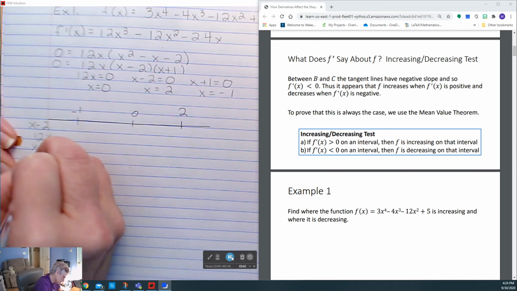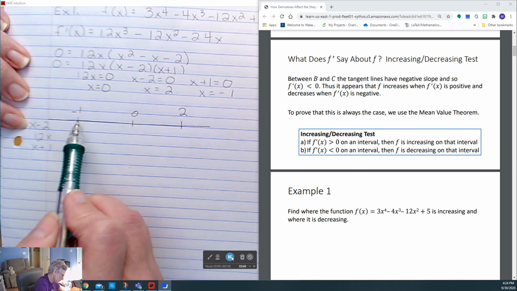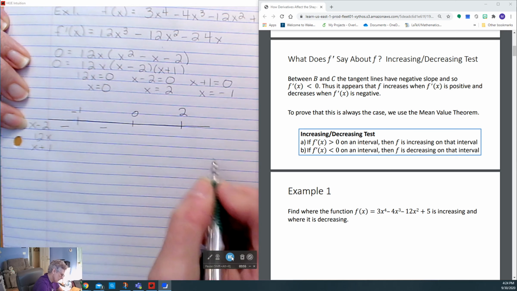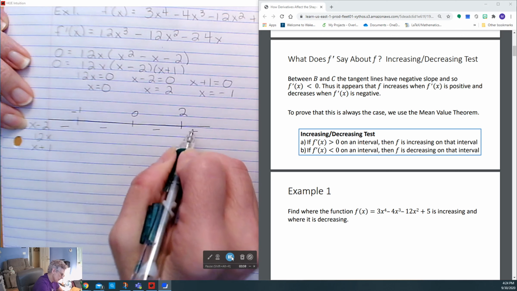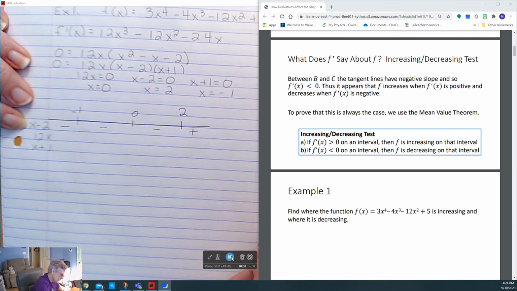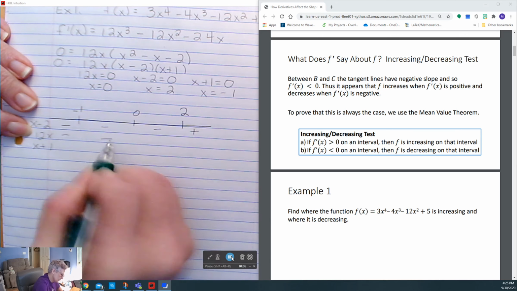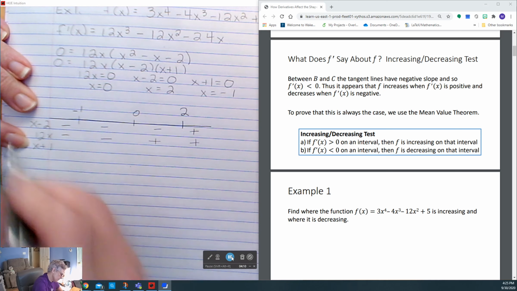So x minus 2, if I plug in something less than negative 1, it's going to be negative. Something between negative 1 and 0, negative. Something between 0 and 2, negative. Finally, bigger than 2, it becomes positive. This is going to be negative when x is negative, positive when x is positive.